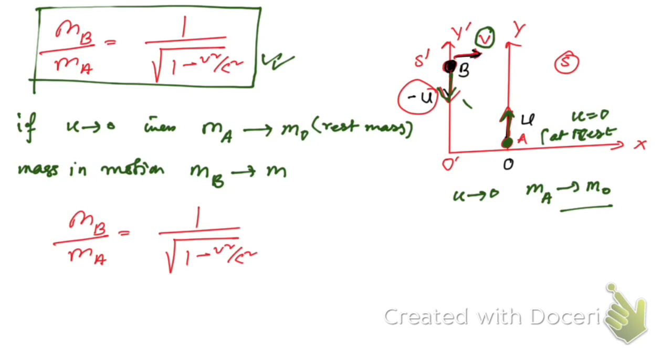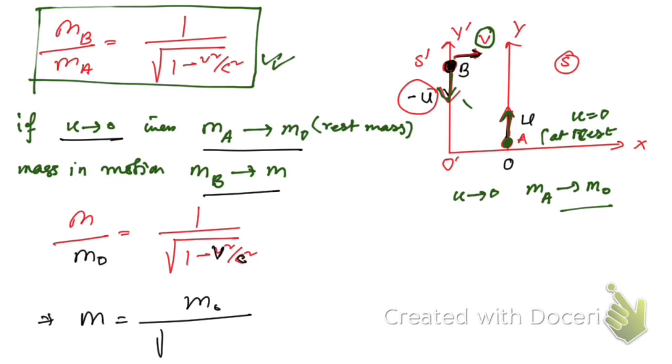Then this equation can be written as, so let me copy this relation again. So here you see in this relation, this is v, not u. So v remains v here. As u tends to 0, then ma tends to m naught, so this ma will be replaced by m naught, and mb is replaced by m. Then this relation becomes m is equal to m naught by root over 1 minus v square by c square.